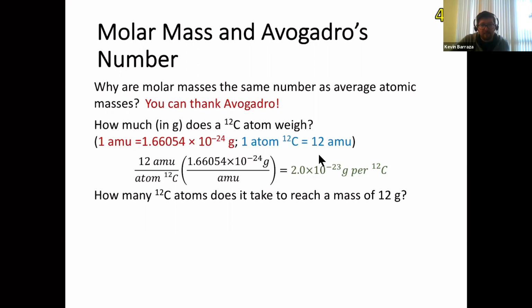Now we say, what if I wanted to reach the same value as the atomic mass, but in grams? How many particles would it take to have a mass equal to the atomic mass? For carbon, that is 12. So my question is, how many particles do I need to get to 12 grams?